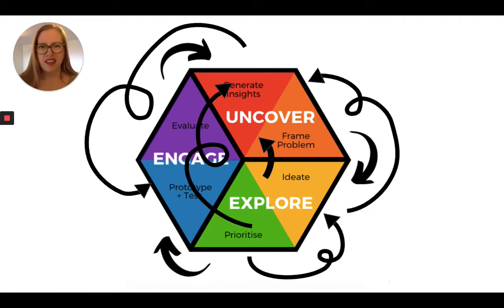Of course, things don't always go as linear as a model like this could suggest. So you may find that you need to loop back to a previous stage. You may have different teams working on some of these phases in parallel.